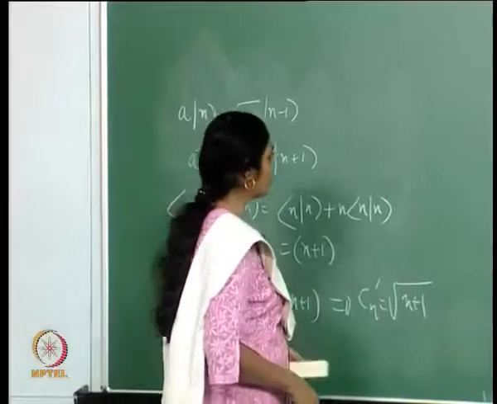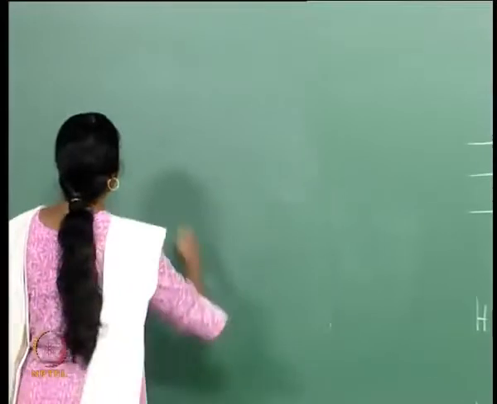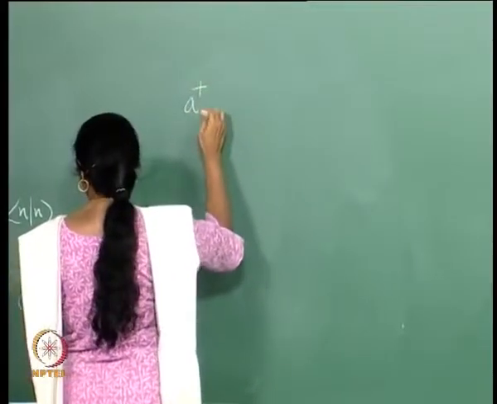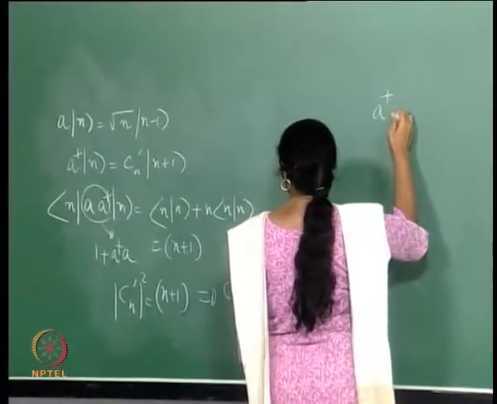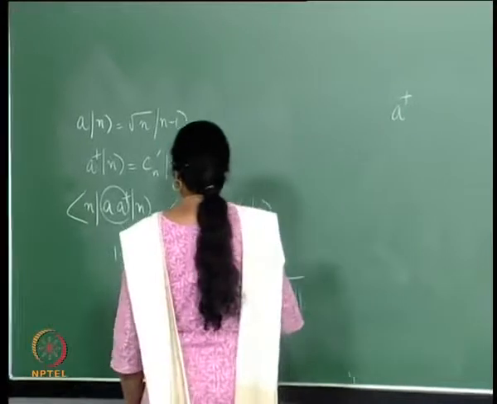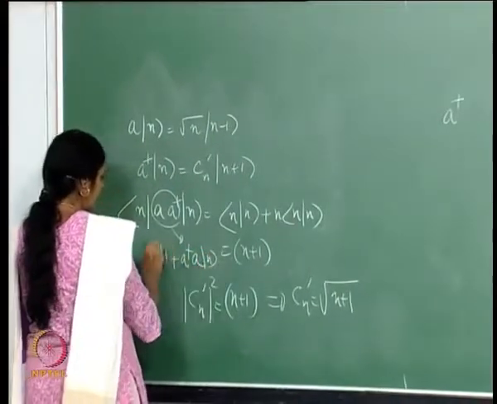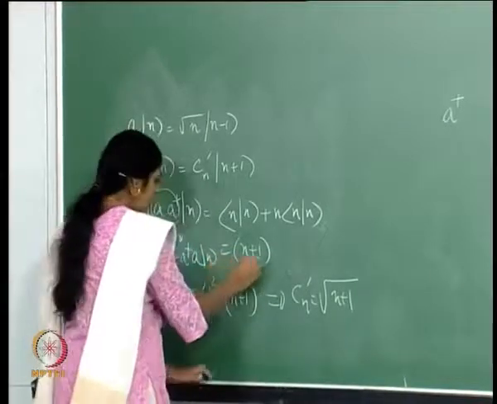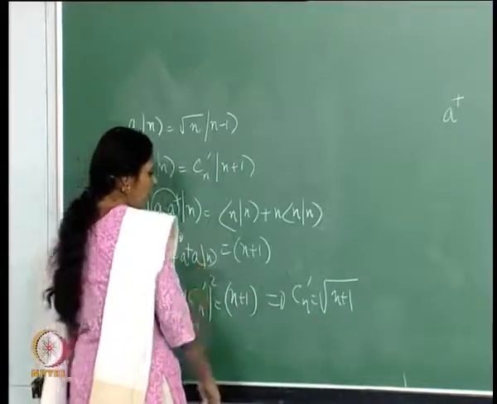And therefore, I have the equation: this is 1 plus A dagger A on n n, and that is why I got an n plus 1. This would have been an n here and a 1 there, and therefore I got an n plus 1.